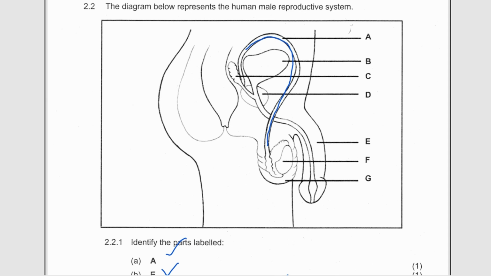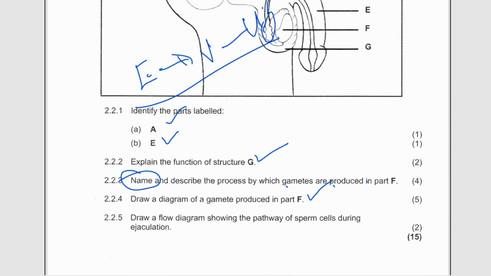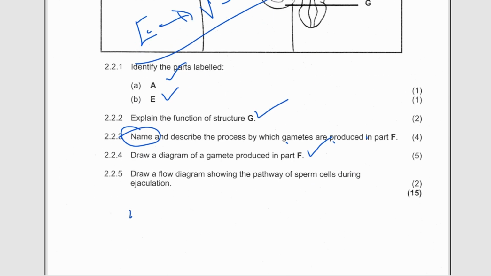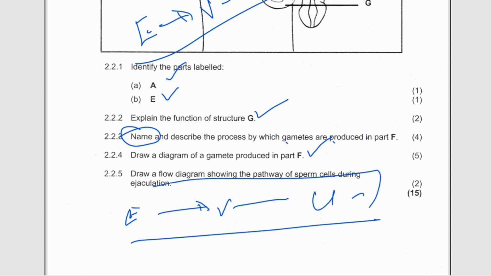You start from the epididymis, you go to the vas deferens, then you go to the urethra, showing the arrows as the direction. Simple.